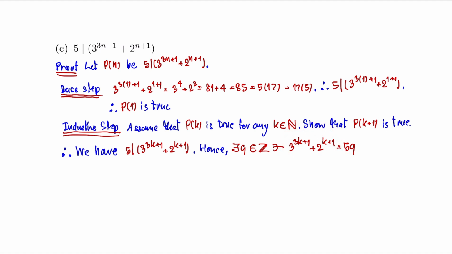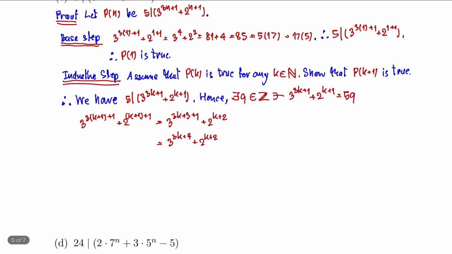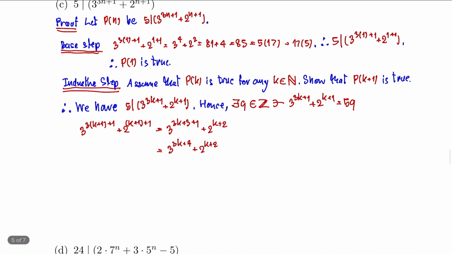So we start to show that P(k plus 1) is true. We start with 3 raised to the 3 times k plus 1 plus 1 plus 2 raised to the k plus 1 plus 1. And then we're going to have 3 raised to the 3k plus 3 plus 1 plus 2 raised to the k plus 2. So we're going to have 3 raised to the 3k plus 4 plus 2 raised to the k plus 2. What can we do with this?